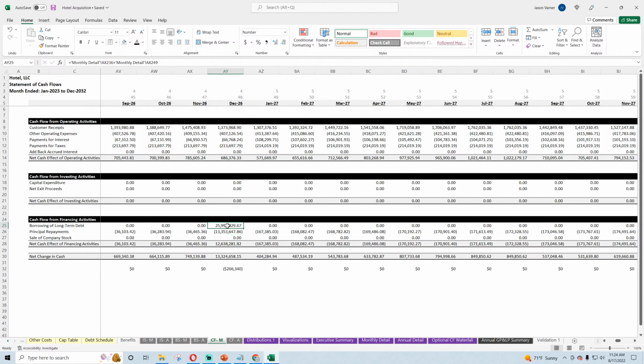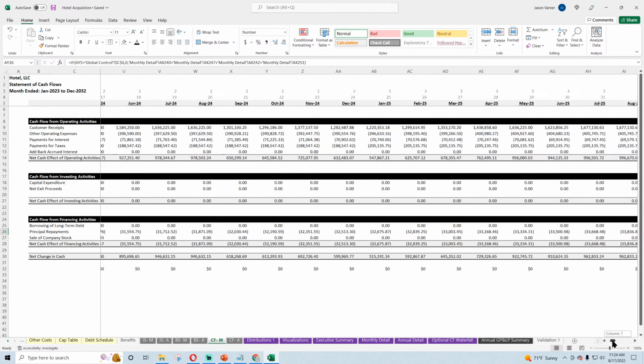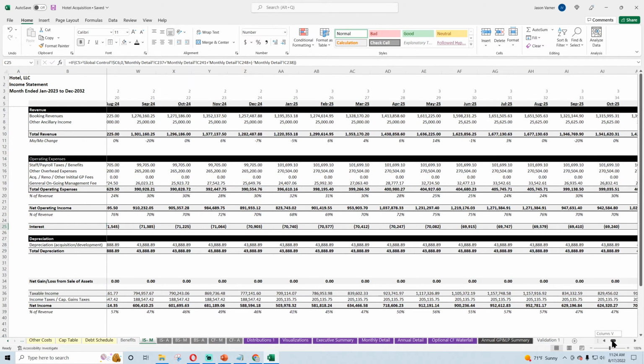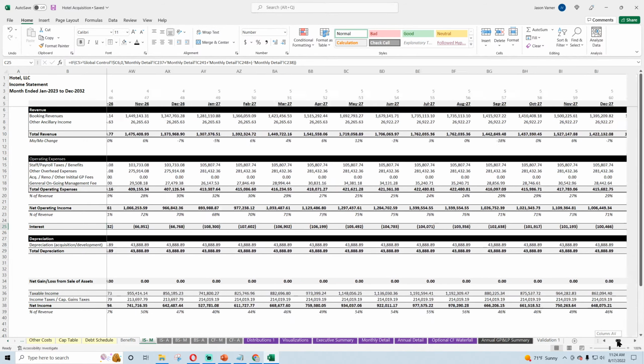Borrowing is just the amount borrowed. So I believe what's happening is it is in the income statement. Let me double check. No, actually, I don't think it. Wait, is it an interest? No, it doesn't look like it.